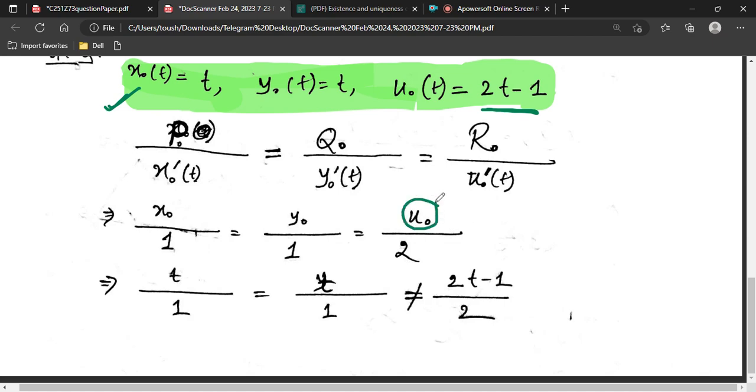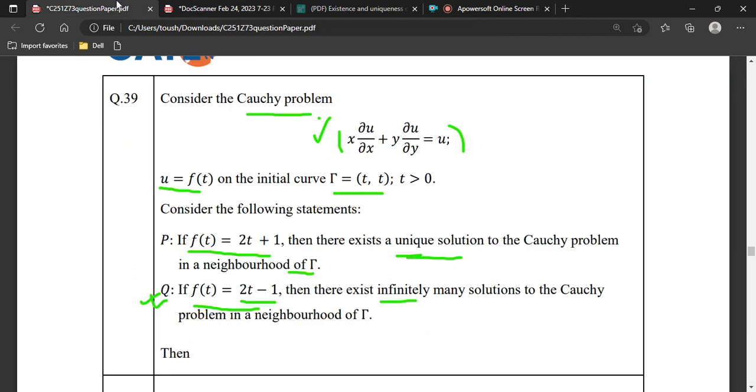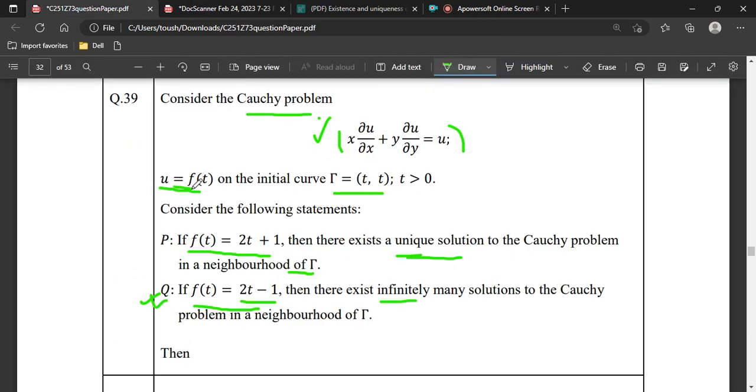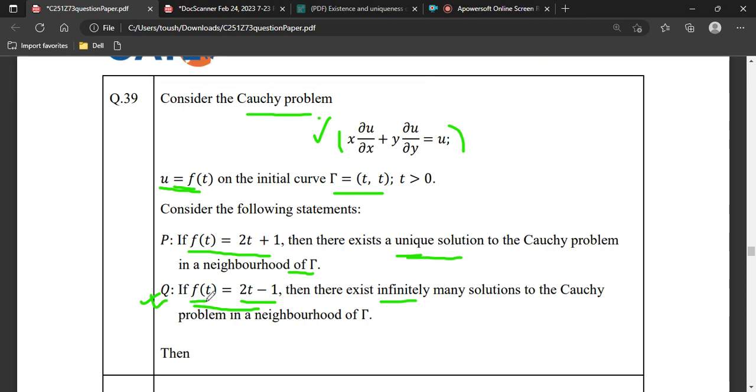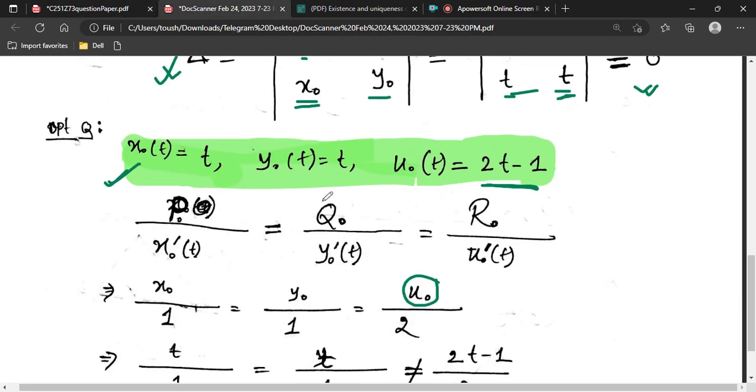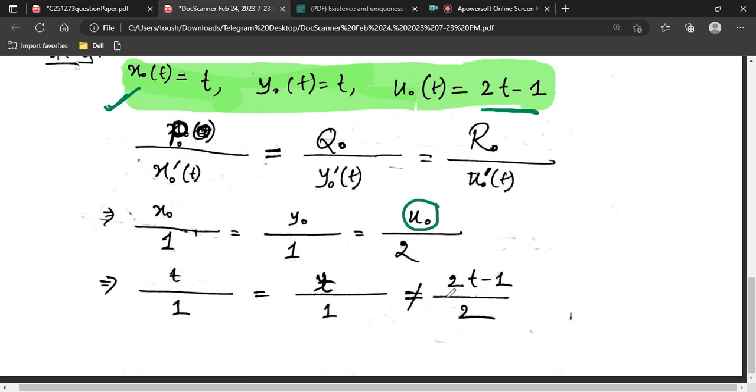Your u0, in the question they have said that u is f of t. Now in option q they are saying f of t is 2t minus 1. So your r0 is what? Your r is u, so r0 will be f of t, and f of t is 2t minus 1. So your r0 is now 2t minus 1. Now are these three equal? t by 1 is equal to t by 1, that is good.